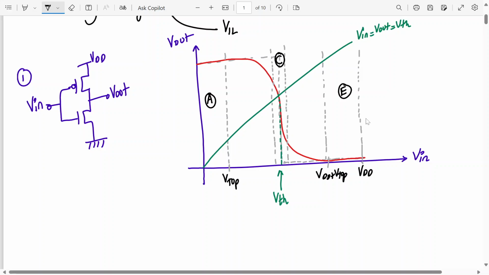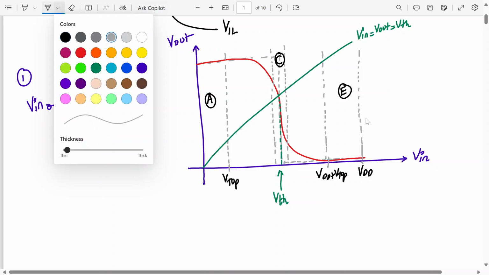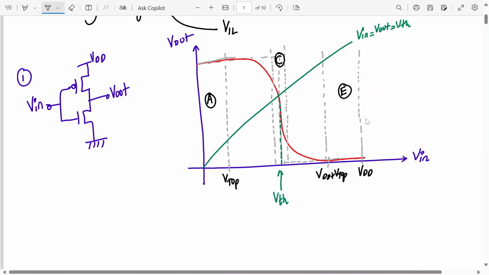So now, if you only consider the ideal inverter, if you consider the ideal VTC curve, where is the ideal VTC curve? This one. Let me mark it over here. The dotted line in the center, right? Here, this one. Yeah, in the middle.